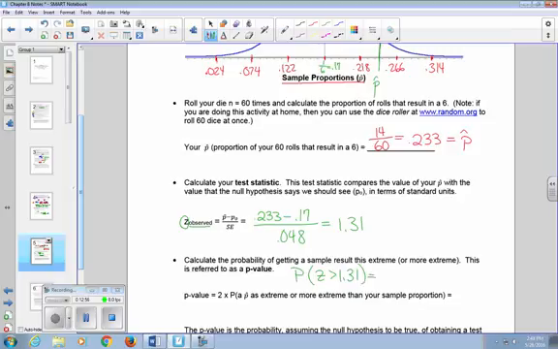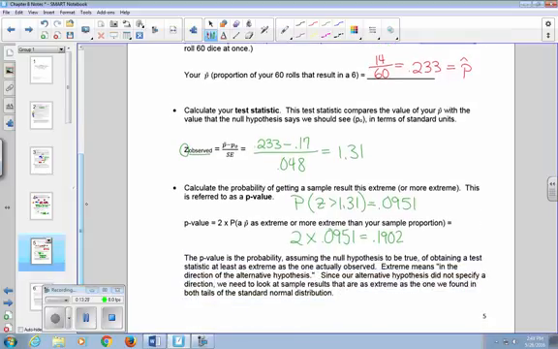Using the chart in the back of your book, I find that that probability is 0.0951. And that means I'm going to now double this. We'll talk more about why it gets doubled in just a moment. So I'm doing 2 times 0.0951, and I get 0.1902. So this is the probability that I get a result this extreme or more extreme if the die is fair.